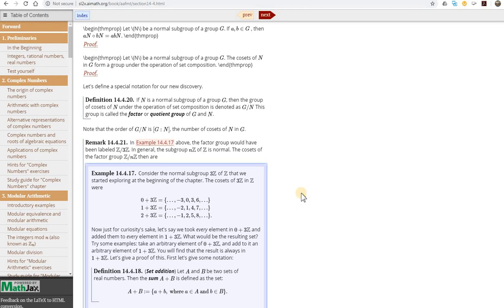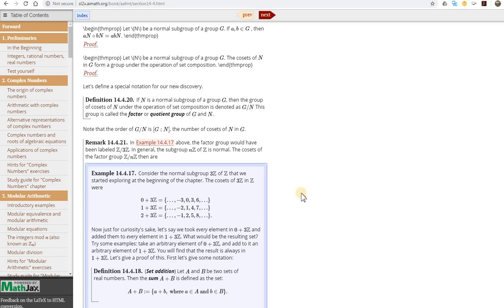That totally makes sense to me, because once you get to 3 plus 3Z, you're back to 0. But for some reason, when I got into the next example, I was not sure what to do.